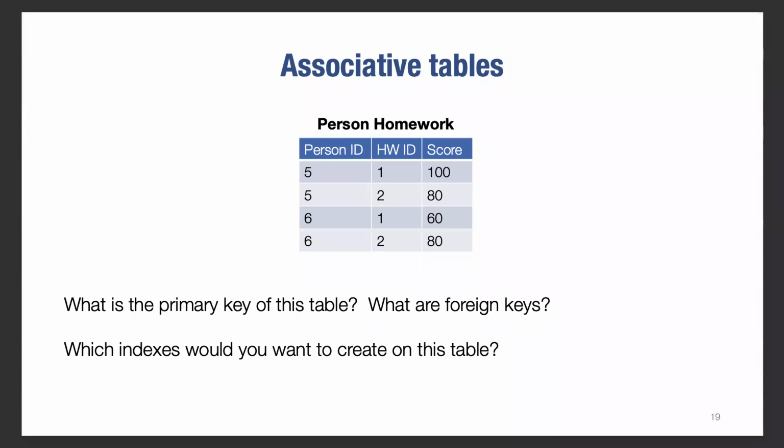So this table links to those two, the person table and the homework table. That's why I said it's more like a fact table, which takes information from different dimension tables. Yep, you are very, very correct.